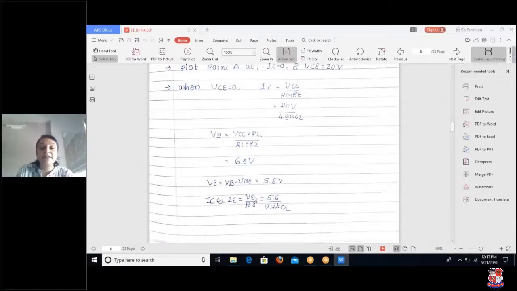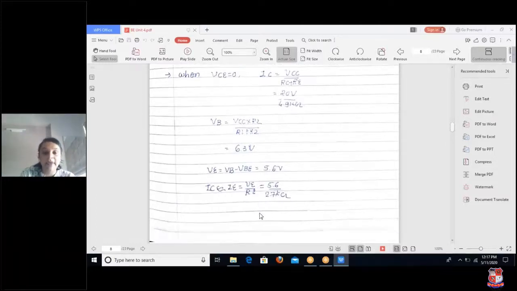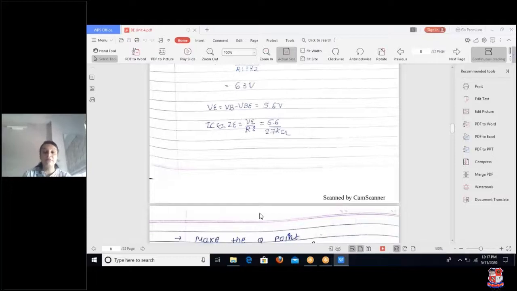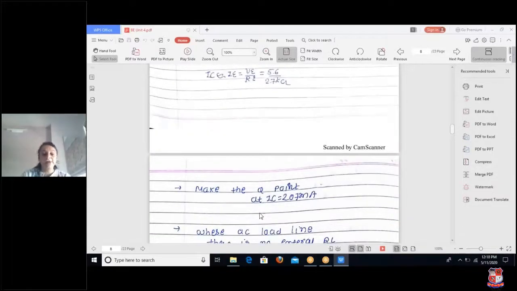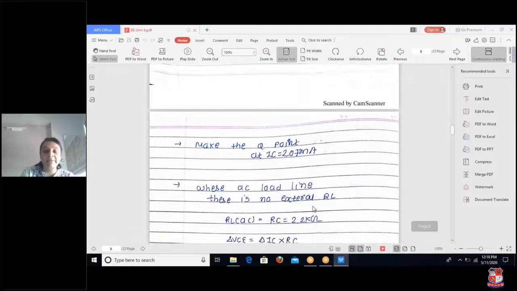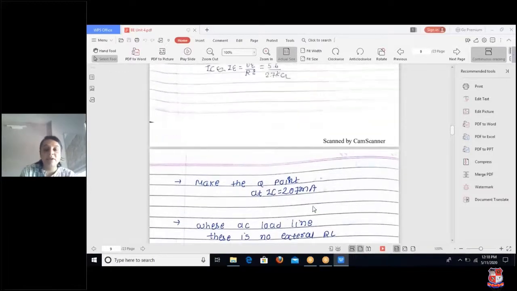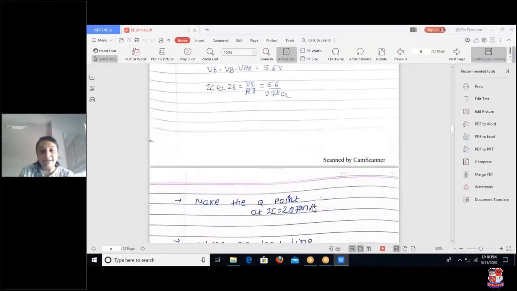We already found VE, so put in the value of the resistance: 5.6 upon 2.7. So we find the value of IC and make the Q point at IC equal to 2.07 milliampere.